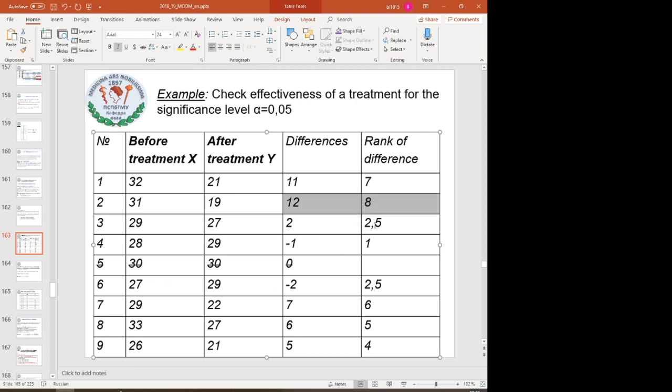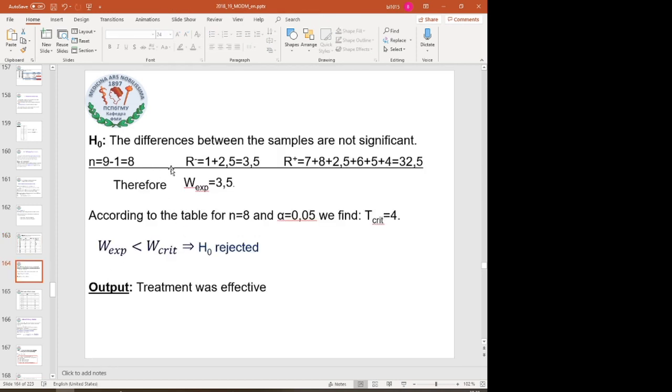So the last rank is 8, but we have 9 patients. This is because one of them is excluded. The null hypothesis is that the differences between positive and negative shifts, so increasing and decreasing value, are not significant.